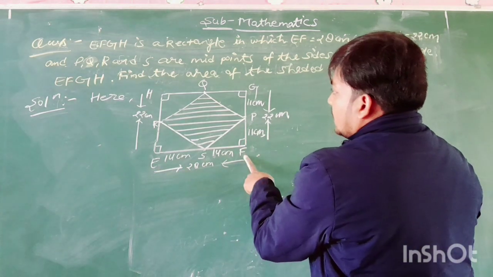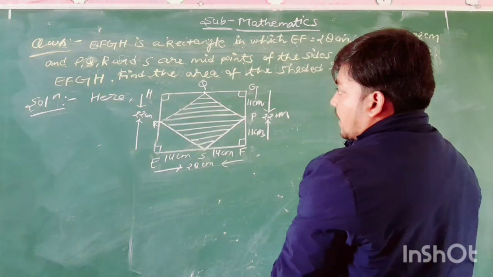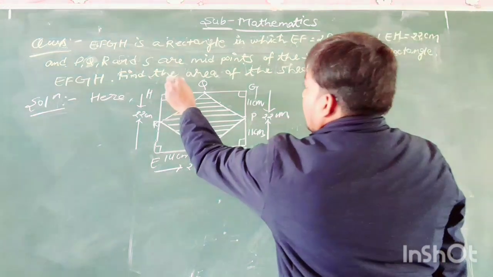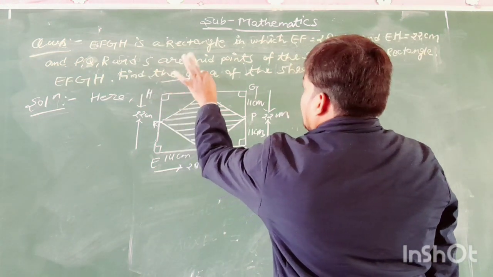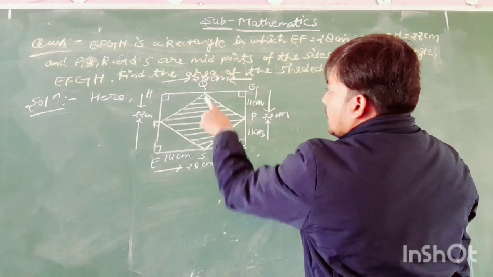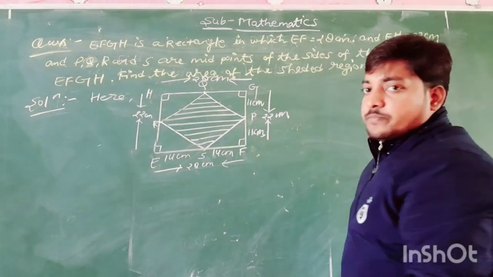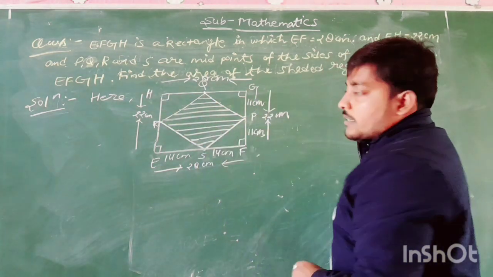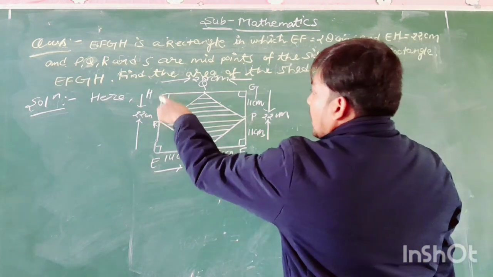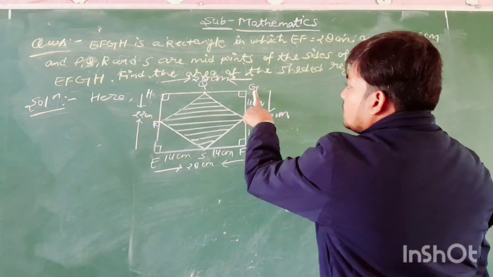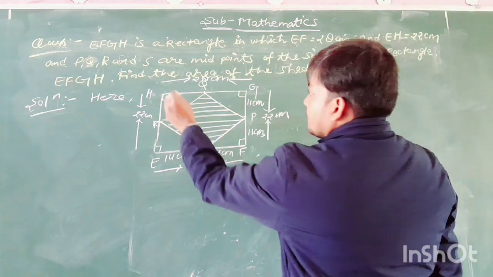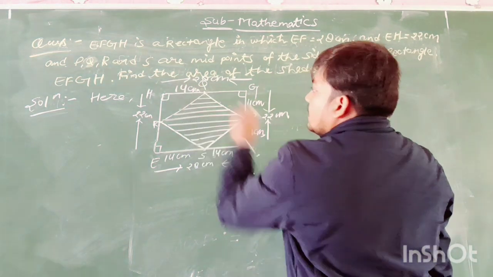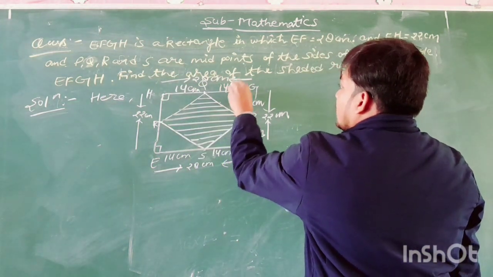HG is equal to 28 centimeter and Q is the midpoint of HG, so HQ will be equal to QG, and HQ and QG will be 14 centimeter each.